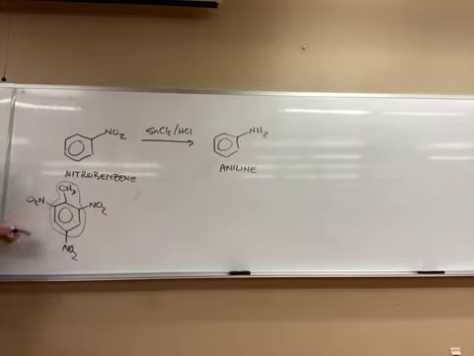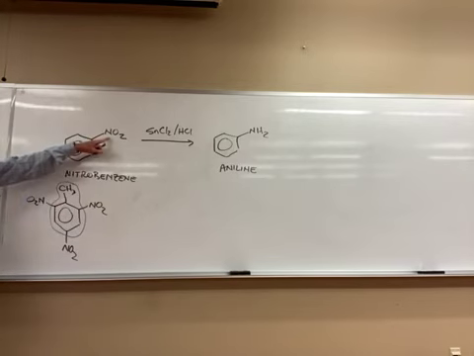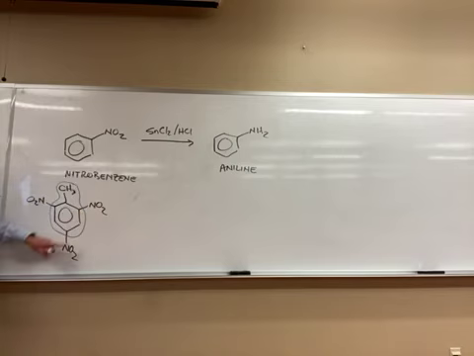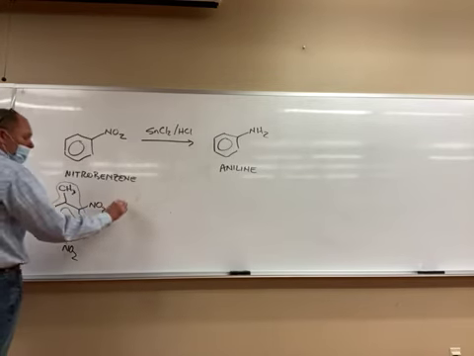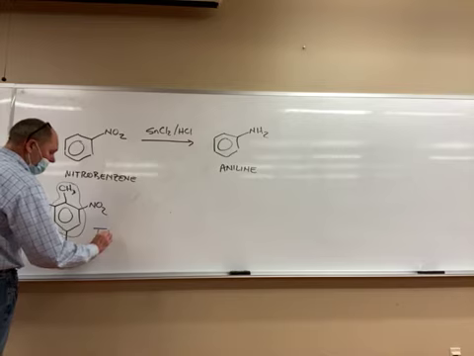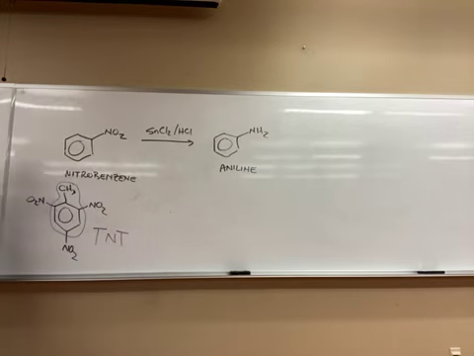This is toluene. This is nitrobenzene. So I have three nitros on a toluene, trinitrotoluene. That's dynamite. That's TNT. It's one of those molecules with a lot of history to it.